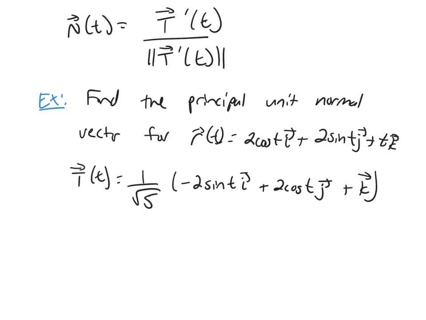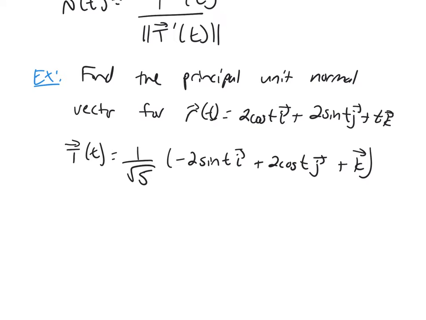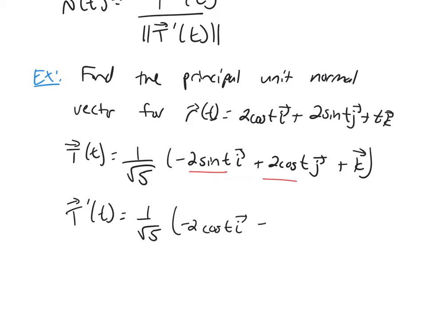So then, to find your principal unit normal vector, you're going to take the derivative of this. If you take the derivative here, you're going to get minus 2 cosine t i. Take the derivative here, you're going to get a minus 2 sine t j, and the derivative of 1 is just 0.